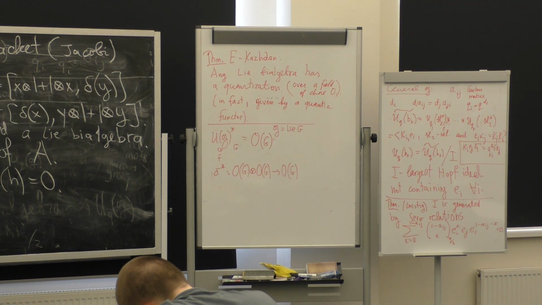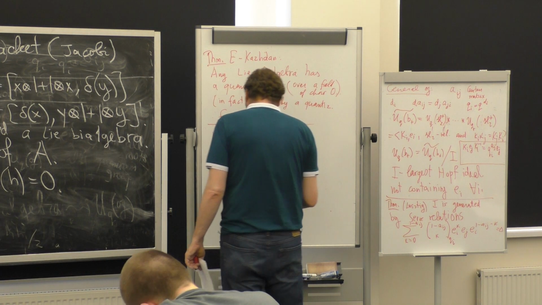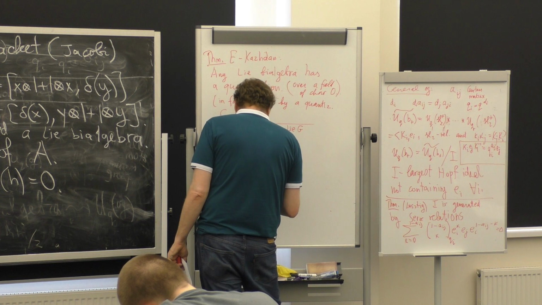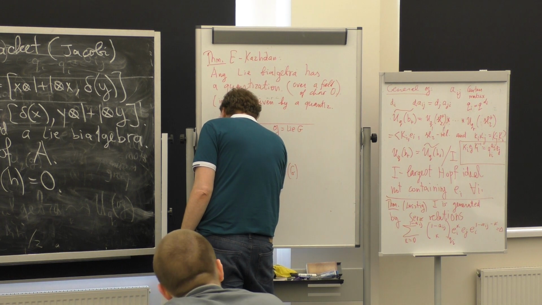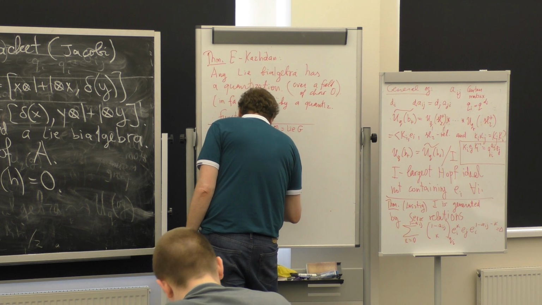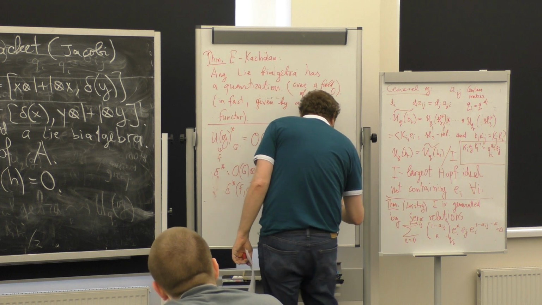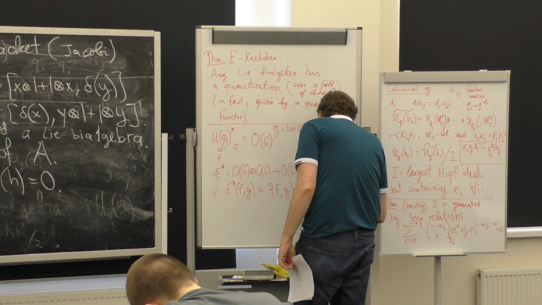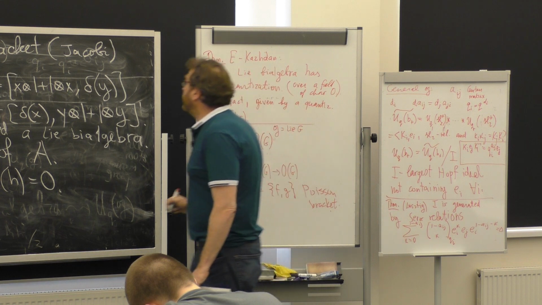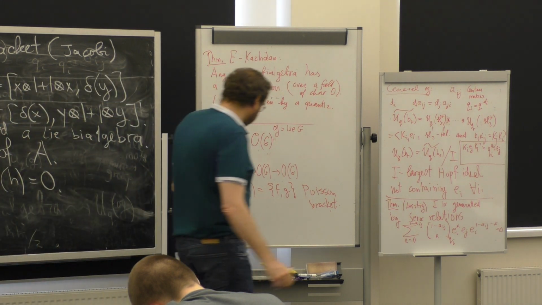And this corresponds to a Poisson bracket. So delta star of f g is f bracket g, and this is a Poisson bracket. Namely, the Jacobi identity comes from here, and this tells us that it's a derivation in each argument.